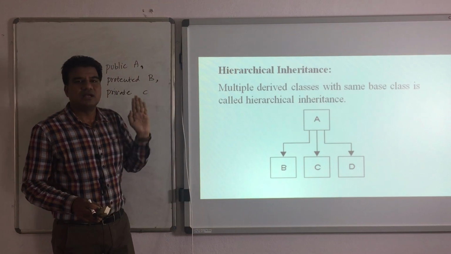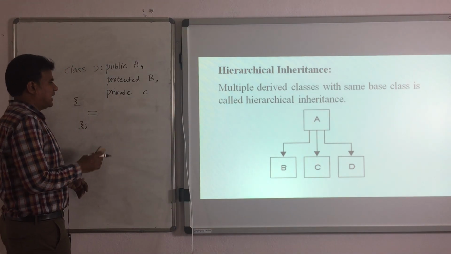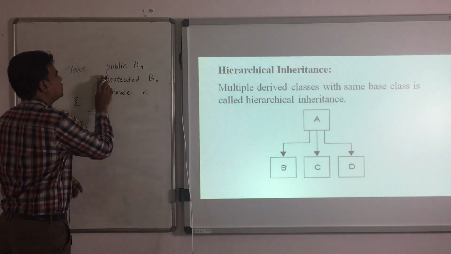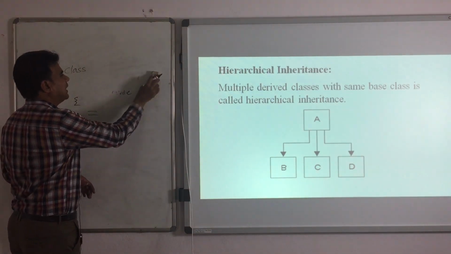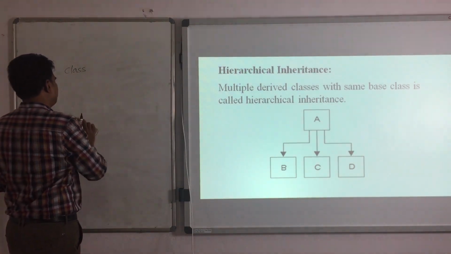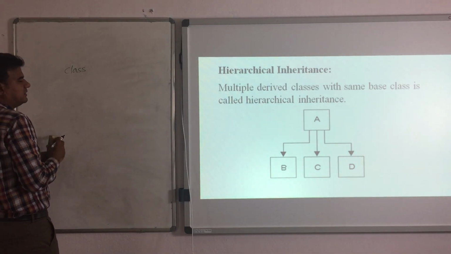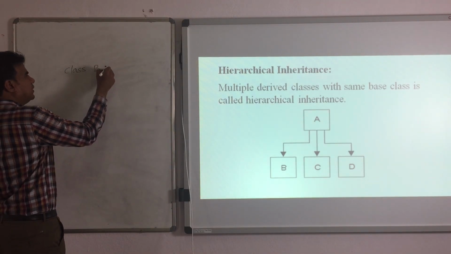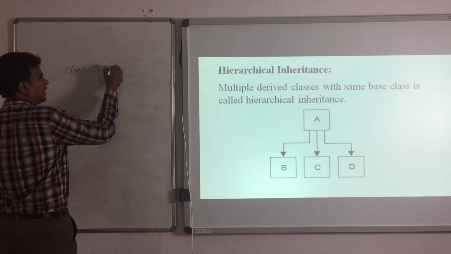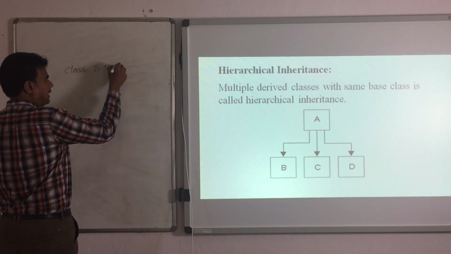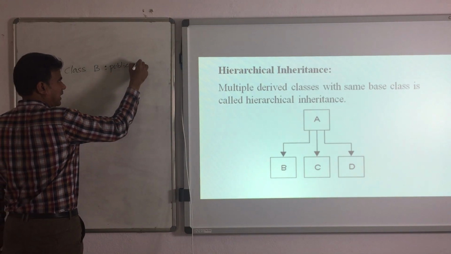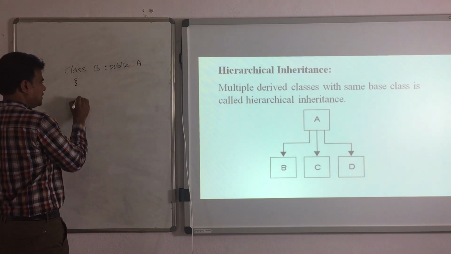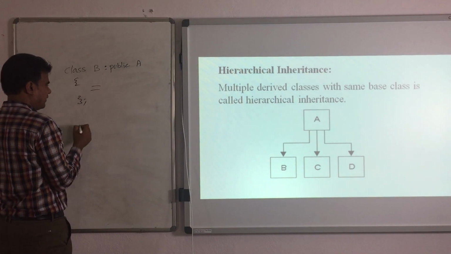It is very simple. Let us assume A is already declared and defined. Next, in order to define class B, use the inheritance operator and whatever mode you want, public, private, according to your need, and then A. So this is A's definition, then B's definition.